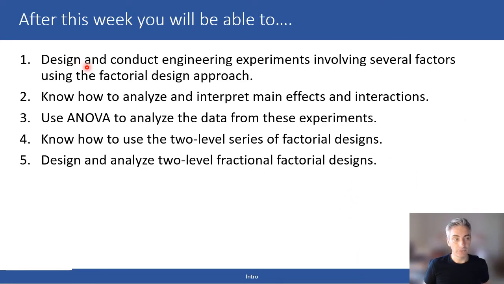So after this week, you should be able to design and conduct experiments involving several factors. So far, we've only really looked at single factor ANOVA, but we might also extend this to multiple factors. For example, keeping with the 3D print analogy, we might have a factor which is temperature, which is the experiments that we were doing before, and we might also have another factor which is the speed that we print at, and both of those factors might contribute together to create a particularly smooth print.